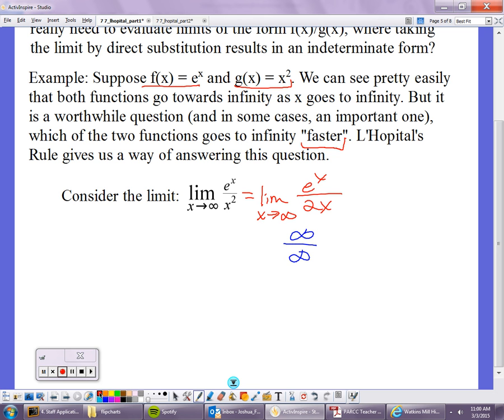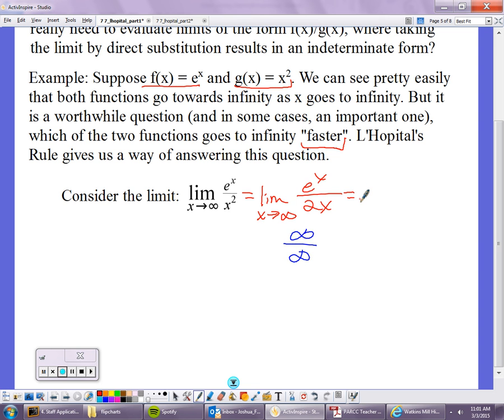Now I've just got two new functions. I've got the limit as x goes to something of one function over another function. And L'Hopital's rule says that if that results in an indeterminate form, it's equal to the limit as x goes to that same thing of the derivative of the one function over the derivative of the second function.